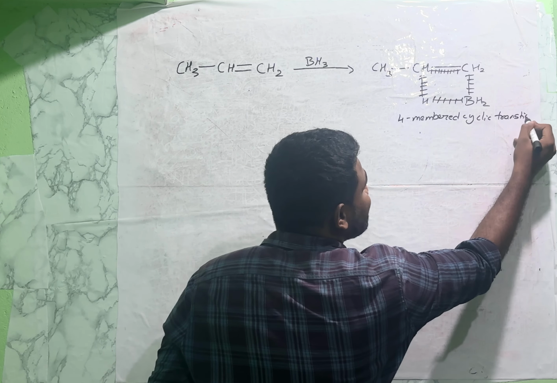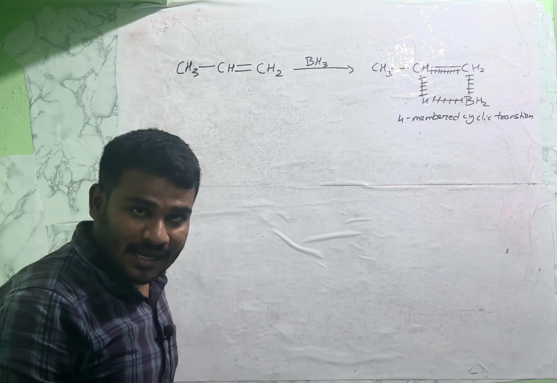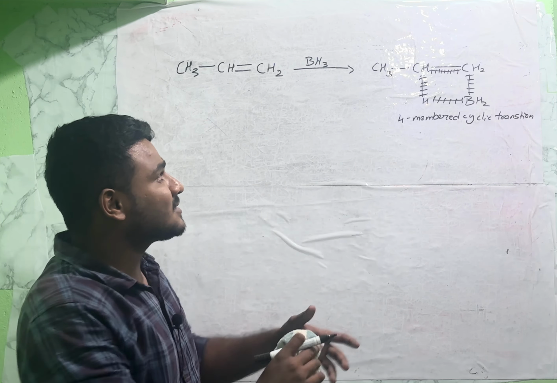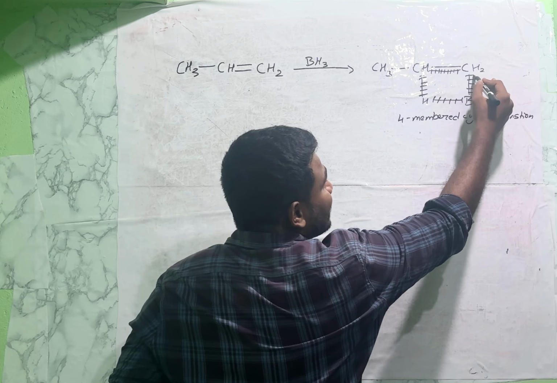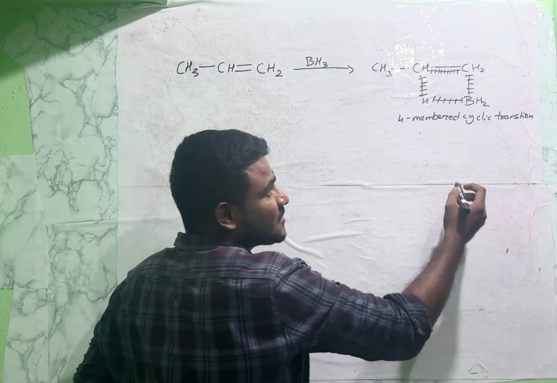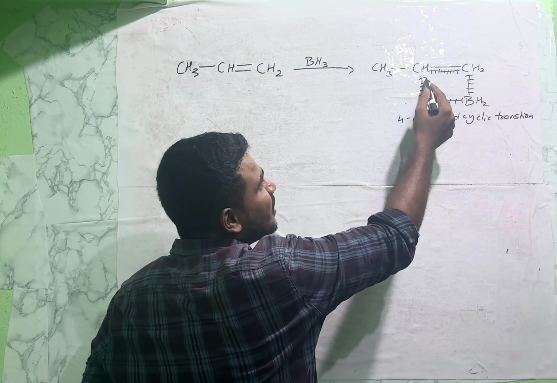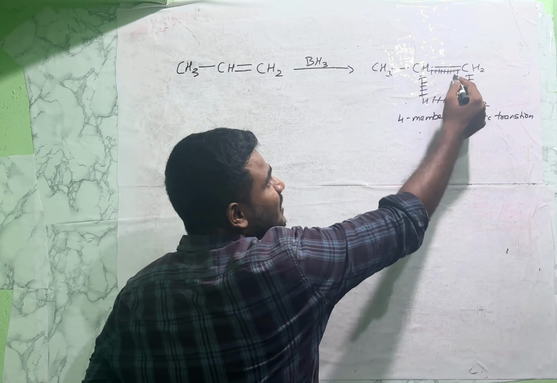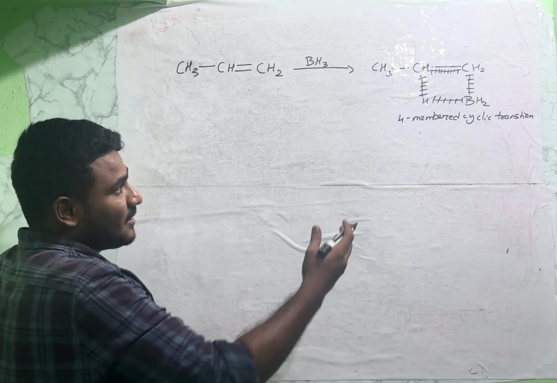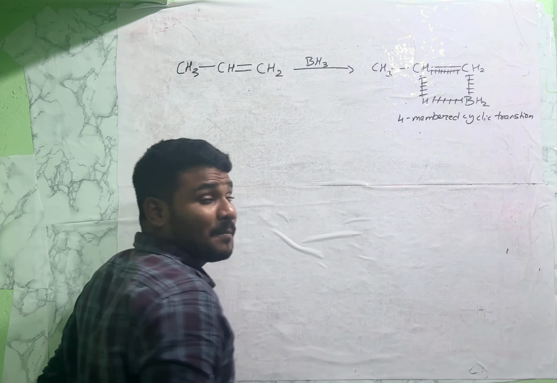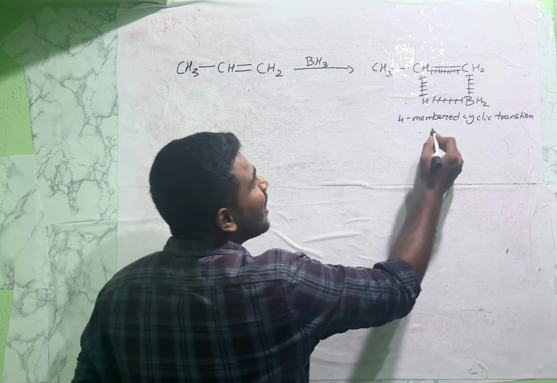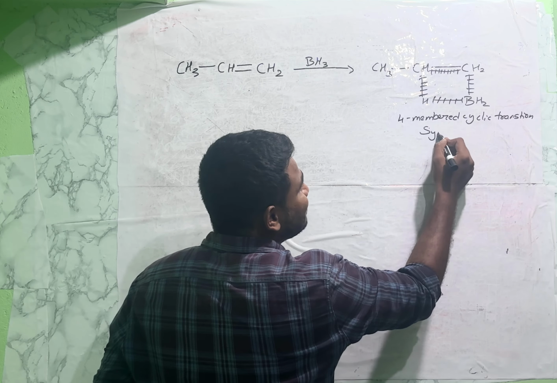The reaction mechanism is proceeding through the cyclic transition state. This dash indicates that this bond is forming, this bond is breaking, the CH bond is forming, and this double bond is breaking. Here it is going through a 4-membered cyclic transition state, or you can say syn addition.